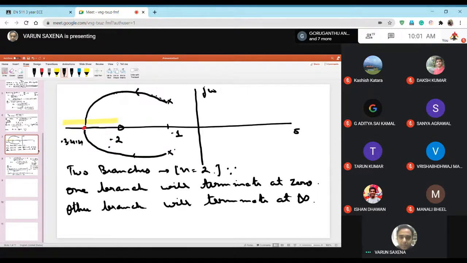And when it comes to this breakaway point, there are two branches coming to this point, one from the top and the other from the bottom. One of the branches must go to the zero, so we'll just make it like this. And the other branch must go to infinity. So this is basically how the root locus looks for this problem.